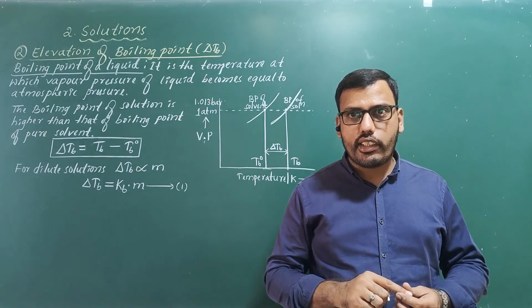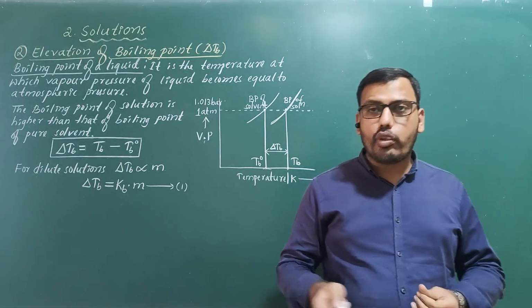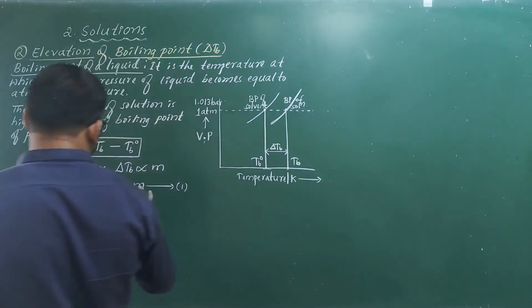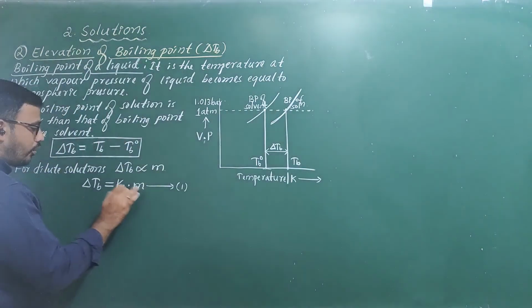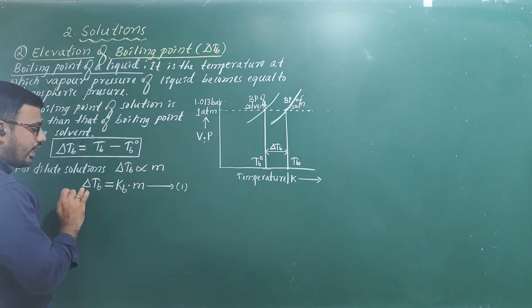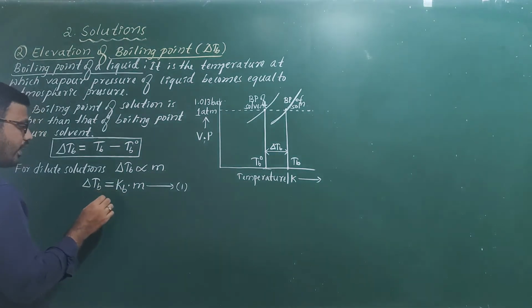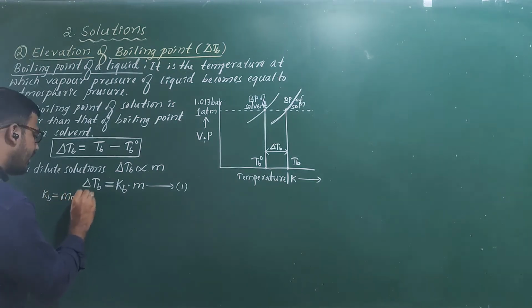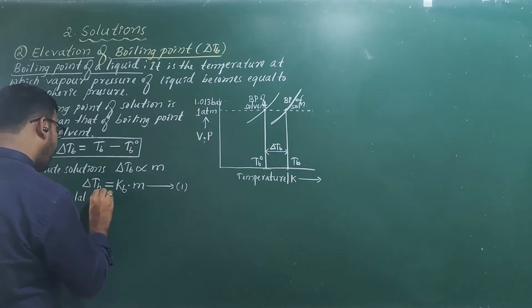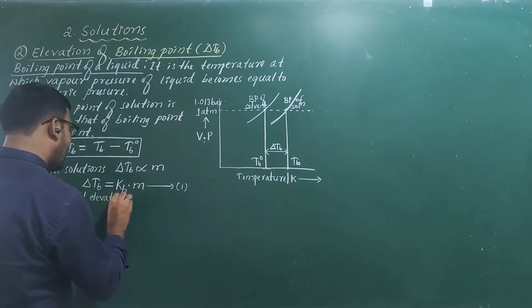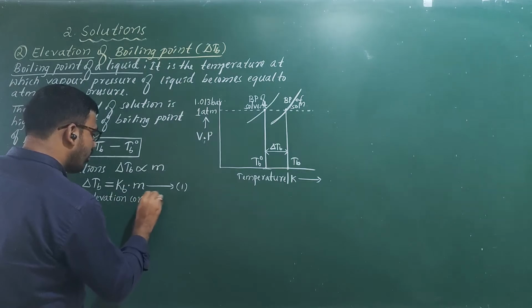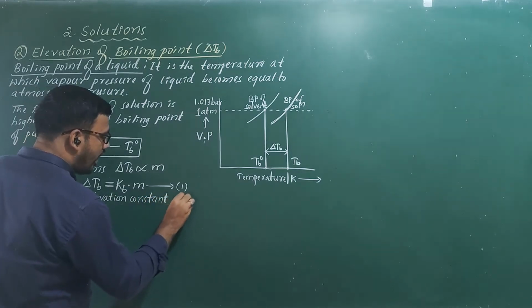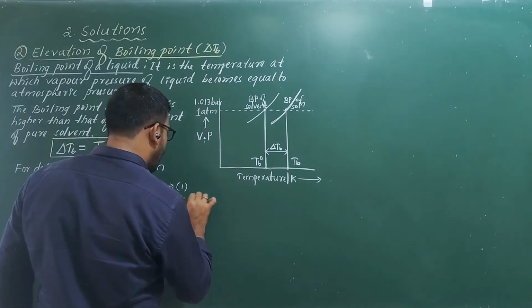Small m is the molality of the solution, and delta TB is the elevation of boiling point of solution. So kb is nothing but the molar elevation constant, or ebullioscopic constant.